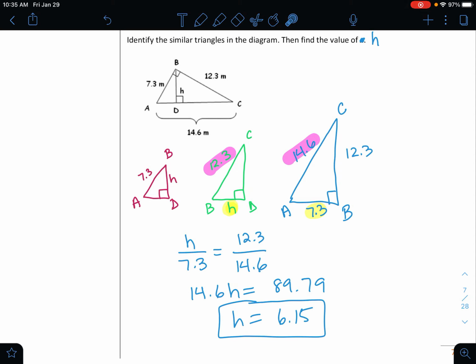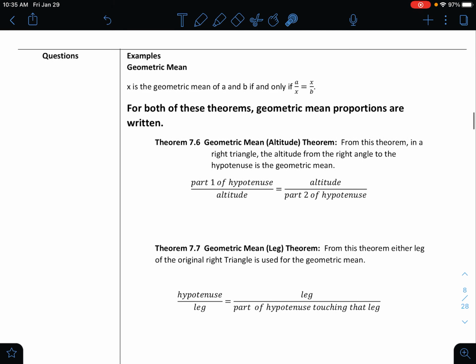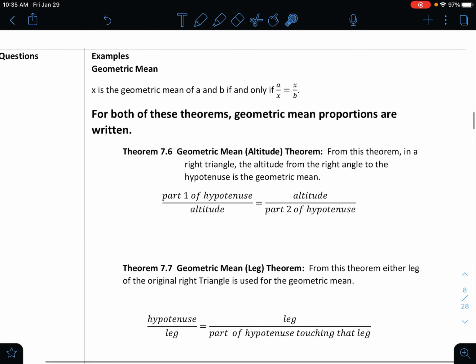That could be a lengthy process, to resketch everything and then ratio. So we do have a couple of theorems that allow us to take this setup and jump straight to a proportion so I can solve things a little quicker.